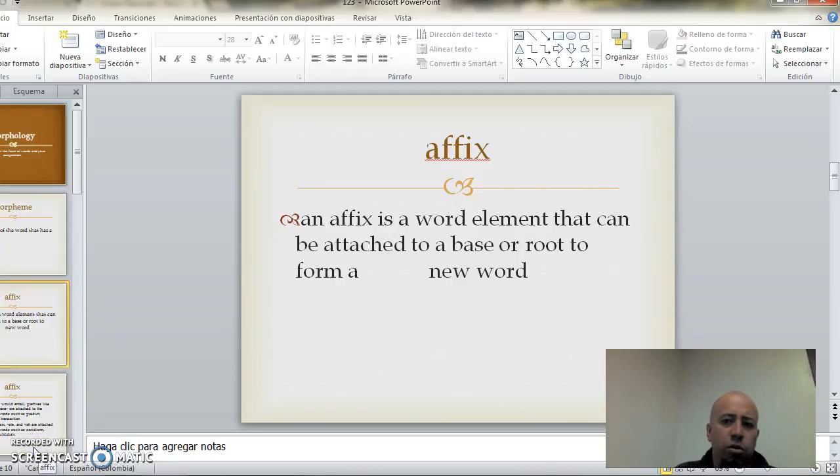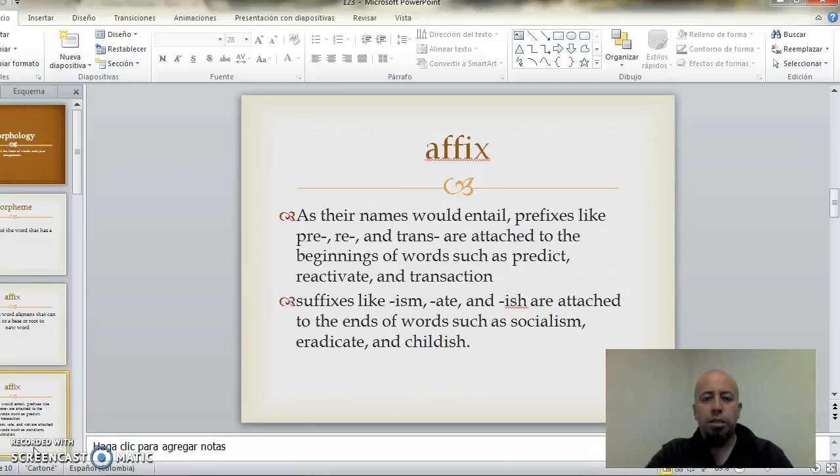Affix or bond. An affix is a word element that can be attached to the base or root to form a new word or a new form of the word, usually occurring in the form of either a prefix or a suffix. Let's see.